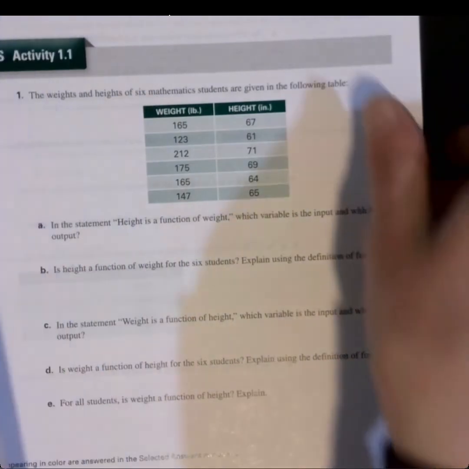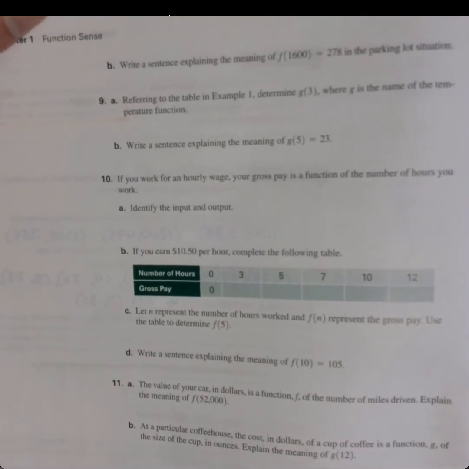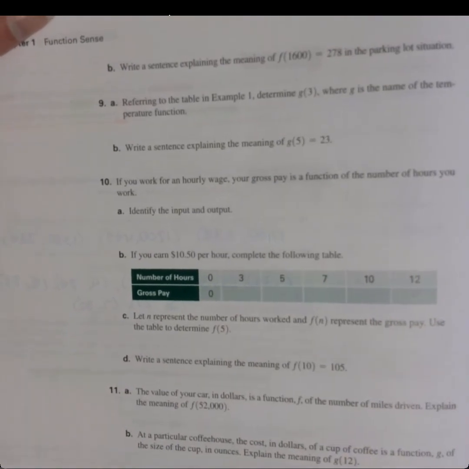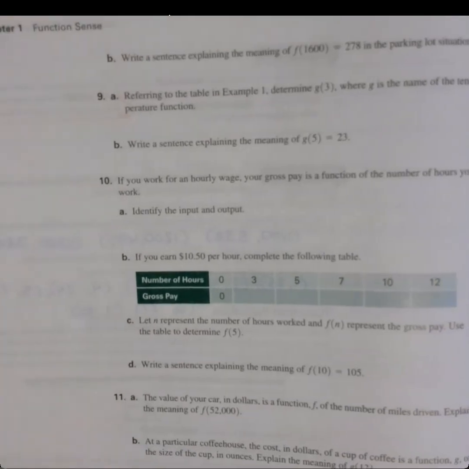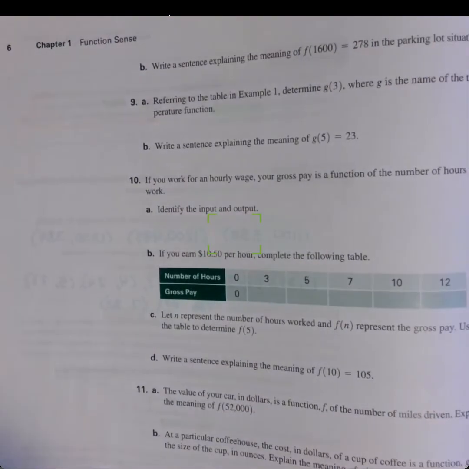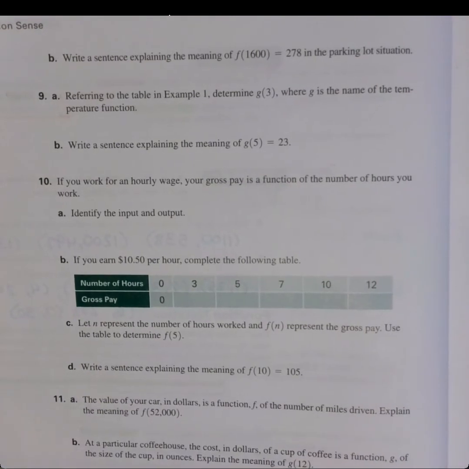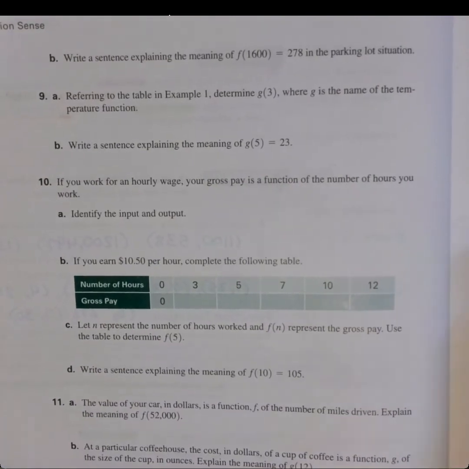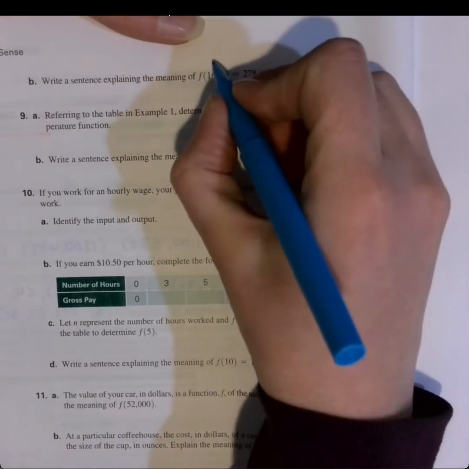Okay, and next, write the sentence explaining the meaning of f of 1600 equals 278 in the parking lot situation. Okay. So first of all, when I write time, most of us don't think in terms of a 24-hour clock.